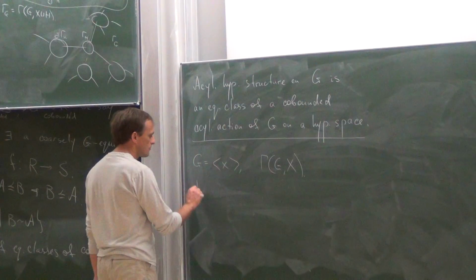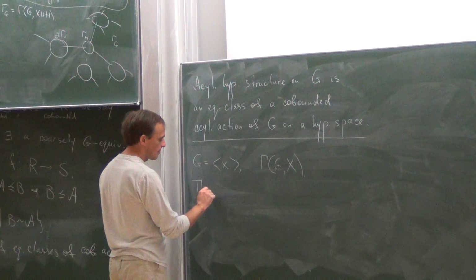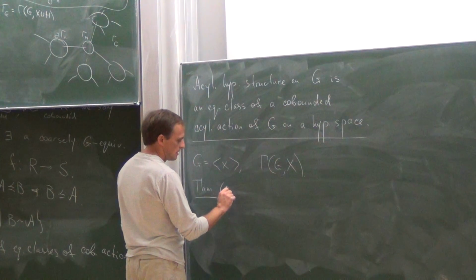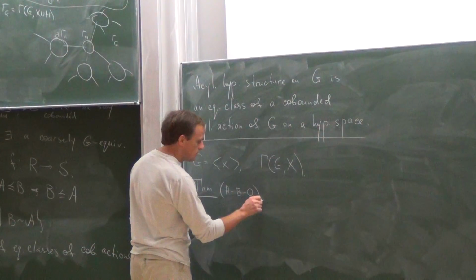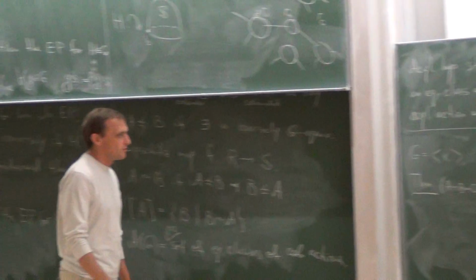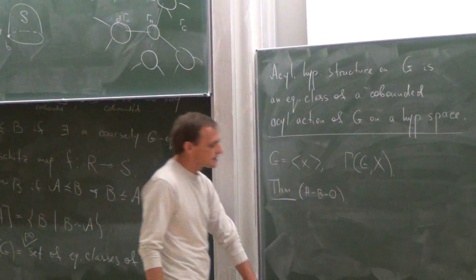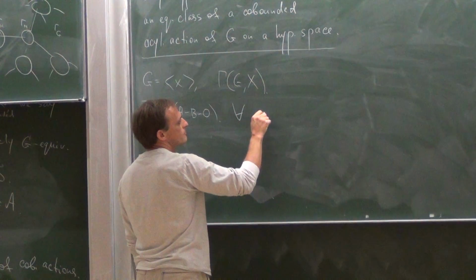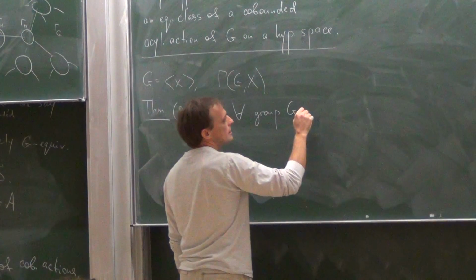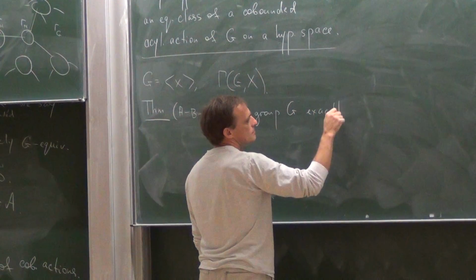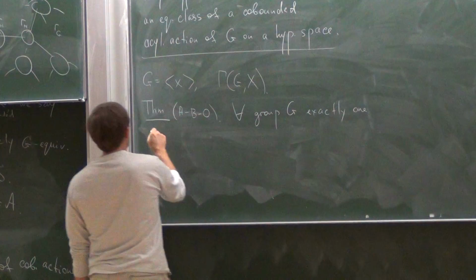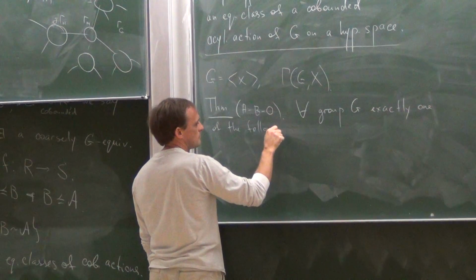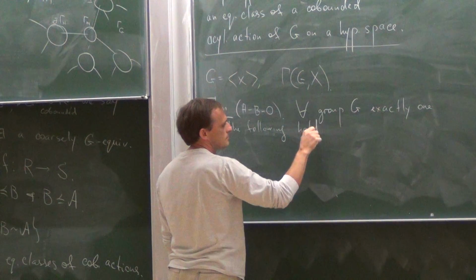In general, you have the following trichotomy. The theorem says, the first theorem, which is kind of easy, says that for every group G, exactly one of the following holds.